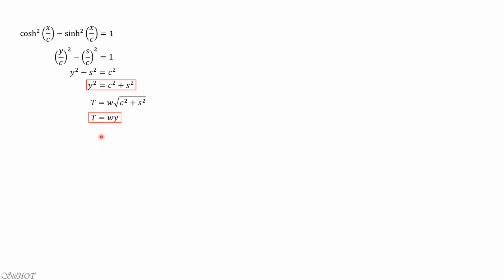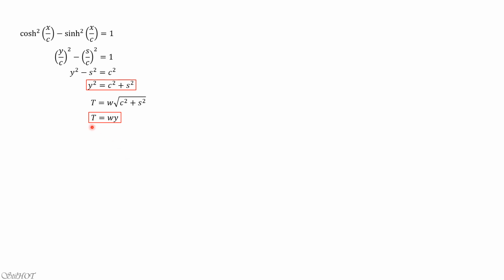So that's the reason why the tension at the lowest point is W times C. Remember, capital H equals W times C because the distance of the lowest point on the cable from the origin is C. So if you have a point on the cable and its distance from the x-axis is y, so the tension at that point on the cable is simply W times y.